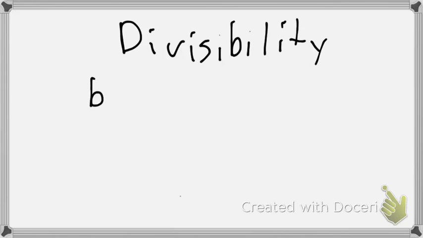So the first one that we're going to do is all about divisibility. Okay? So divisibility is what numbers are divisible by other numbers.